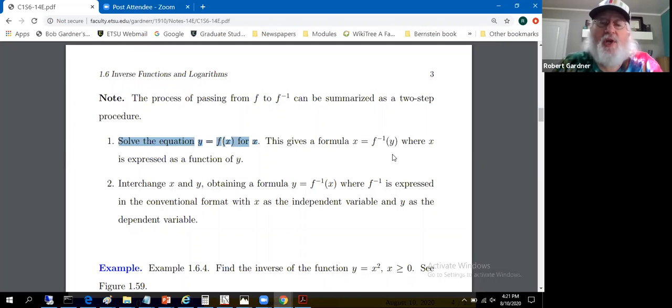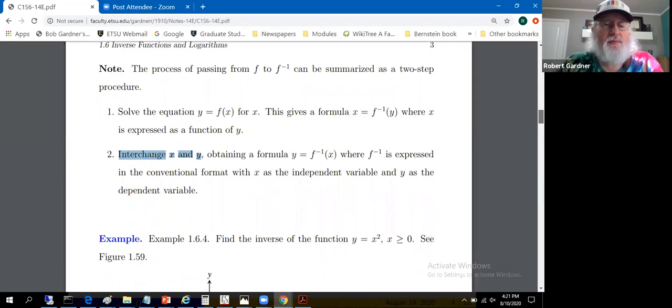We'll then interchange, step 2, interchange x and y. You knew that was coming from the previous discussion about interchanging and folding over Cartesian planes about the line y equals x. Interchange x and y, and then you'll get the formula y equals f inverse of x. So solve for x, interchange x and y, and then you get y equals the inverse function of x.